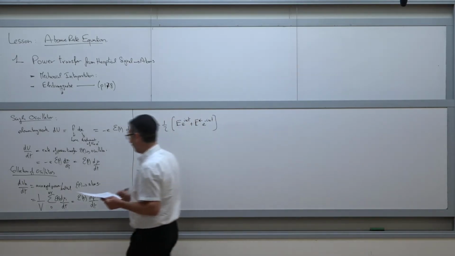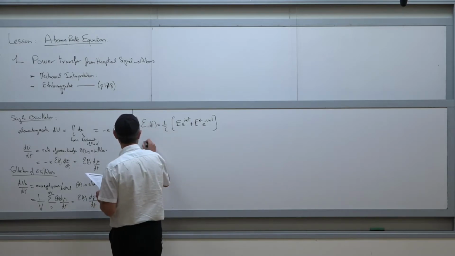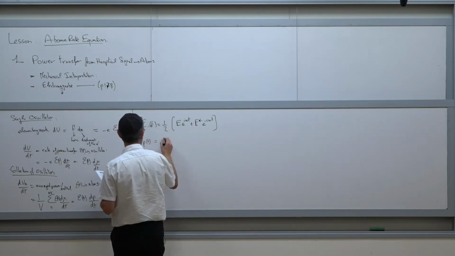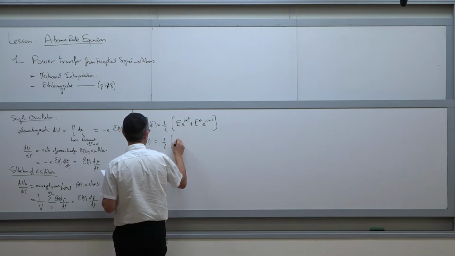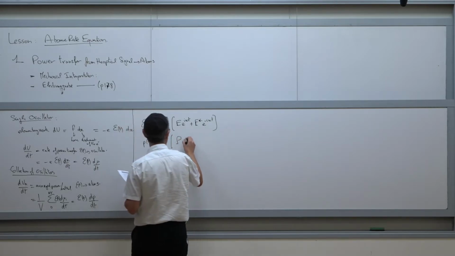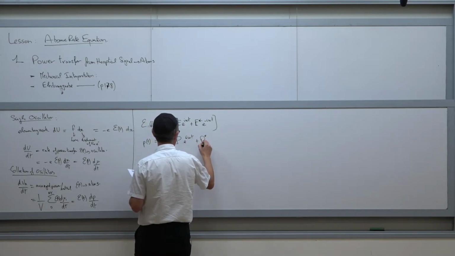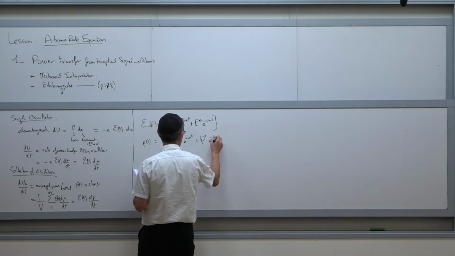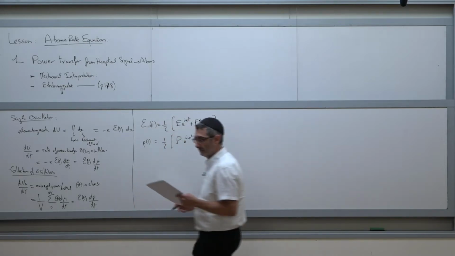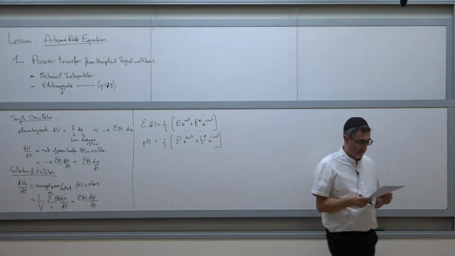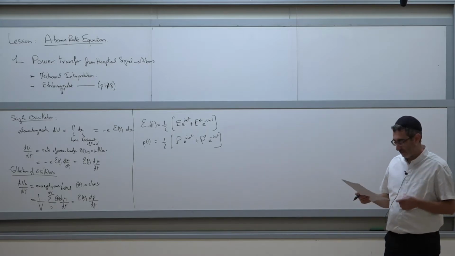We have the same thing for the polarization: P of t is equal to 1/2 of P exponential i omega t plus P conjugate exponential minus i omega t.